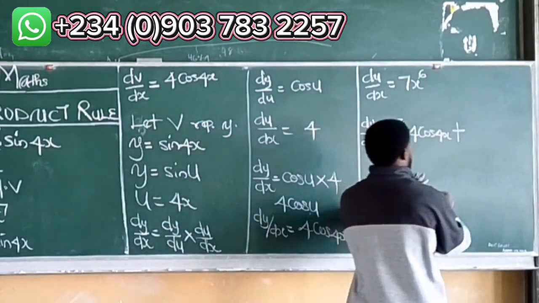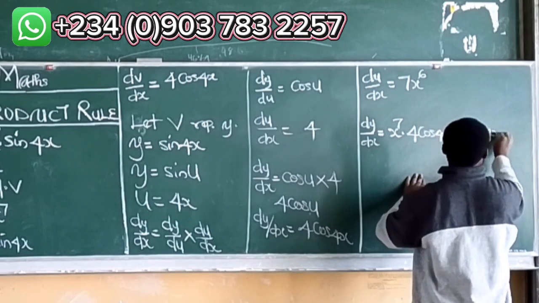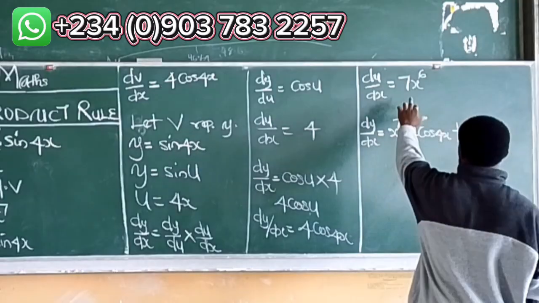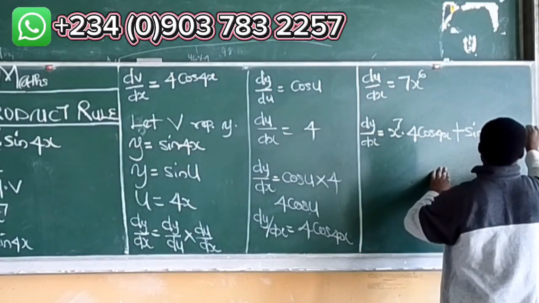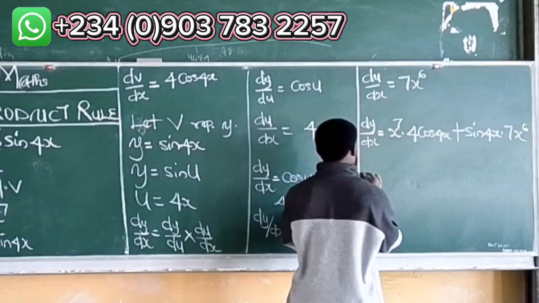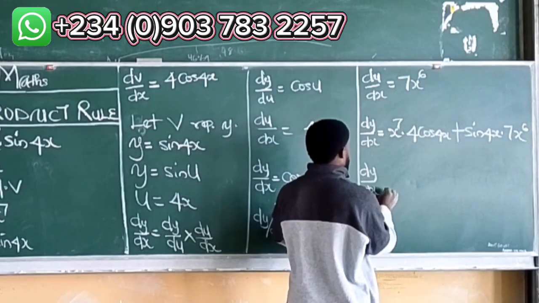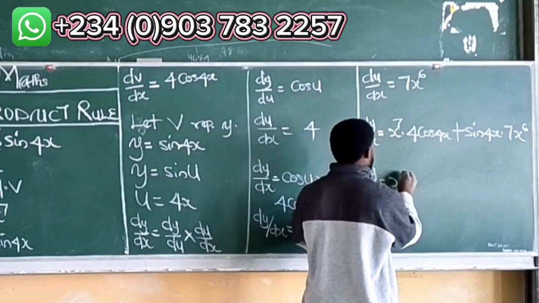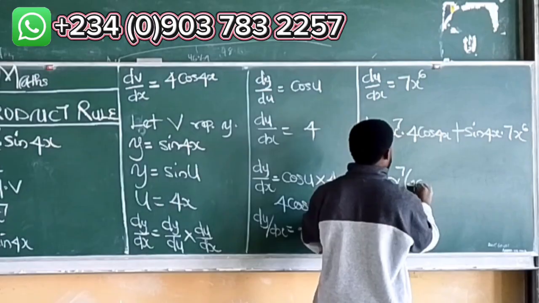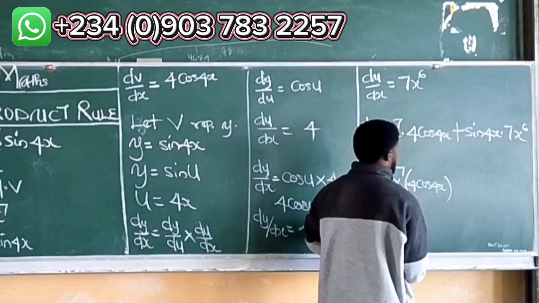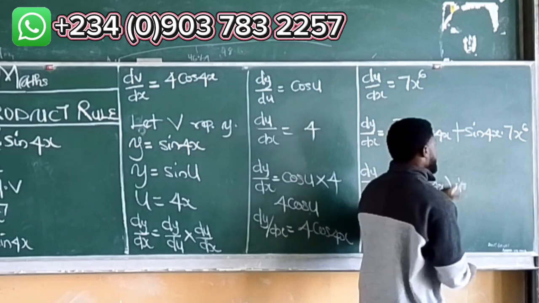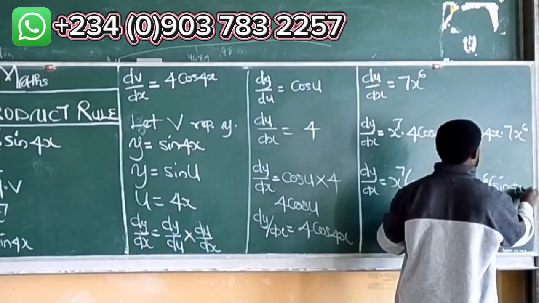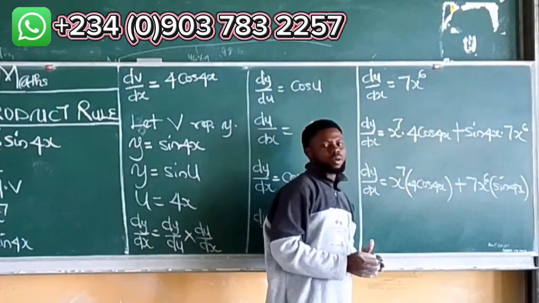So we have sine 4x times du over dx, and du over dx is 7x raised to the power of 6. So generally, dy over dx is equal to x raised to the power of 7 in parentheses 4 cos 4x plus, over here, 7x raised to the power of 6 in brackets sine 4x. And this becomes the final result.